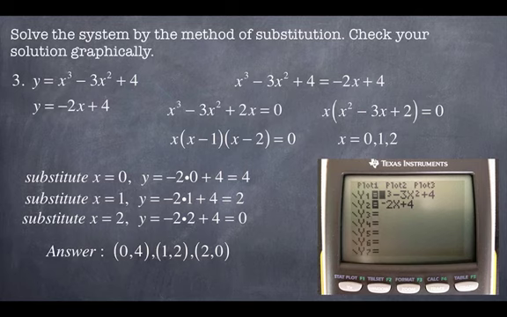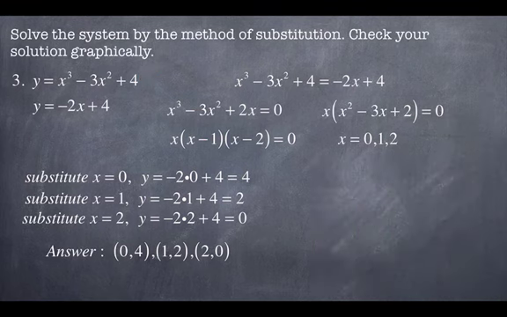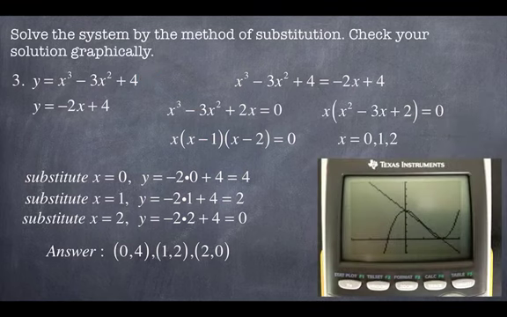This is what you punch in. This is, excuse me here, this is x cubed minus 3x squared plus 4, which is the first equation. You graph this, and you get the following. And again, notice that the points of intersection, here, here, and here, match what we have as our answer. Let's go to number 4.